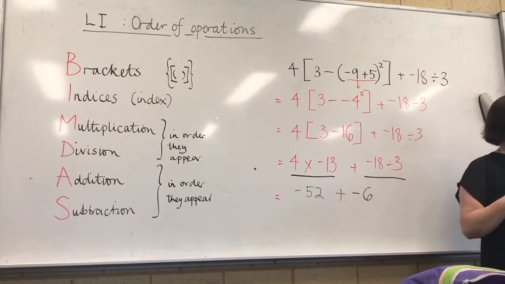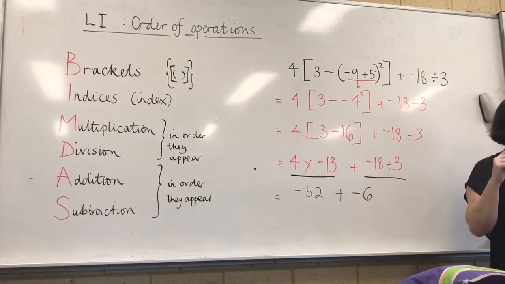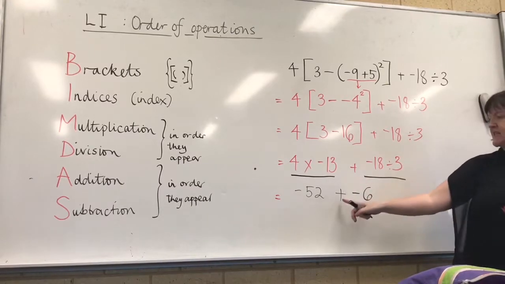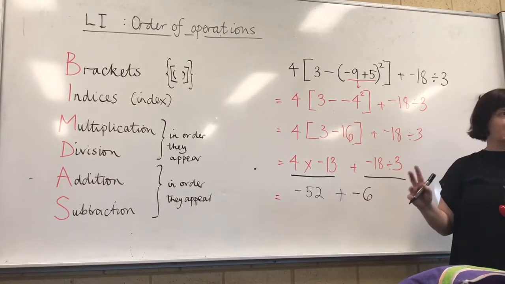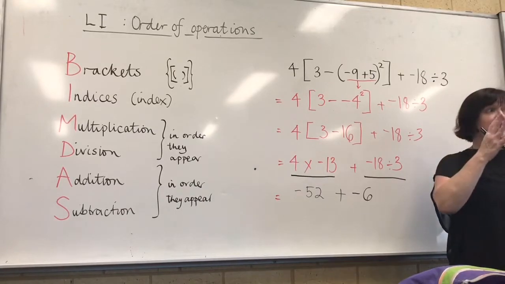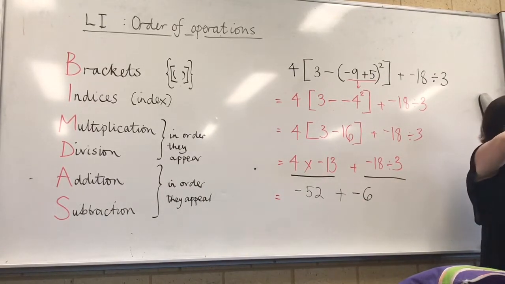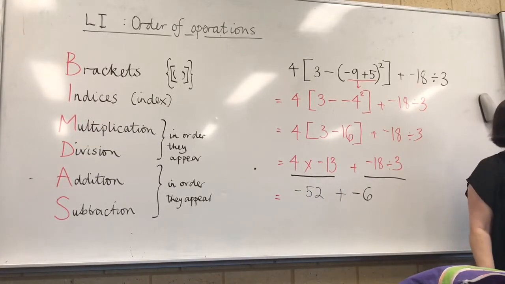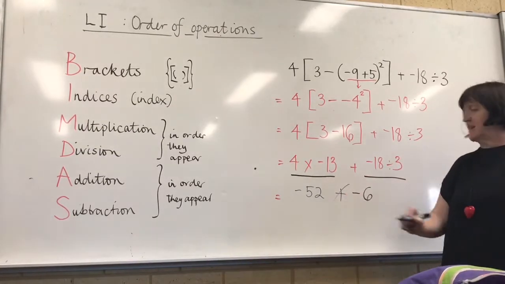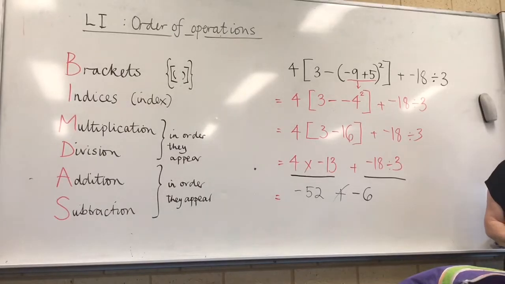What happens when those signs are adjacent? So these are called adjacent signs. That means they're next to each other. If we had 2 negatives, they'd become a positive. What happens here when there's a positive and a negative? You get rid of the positive, it becomes negative. Okay?